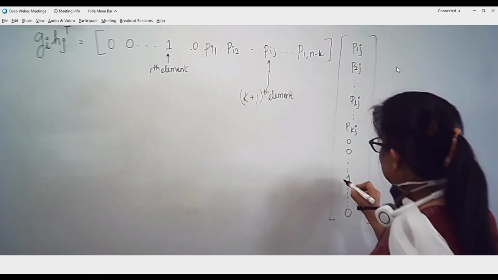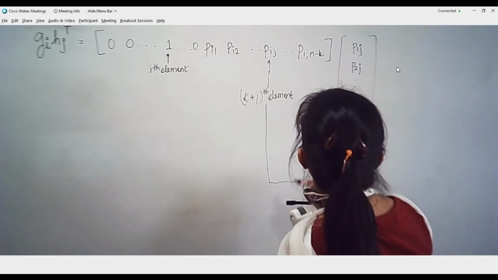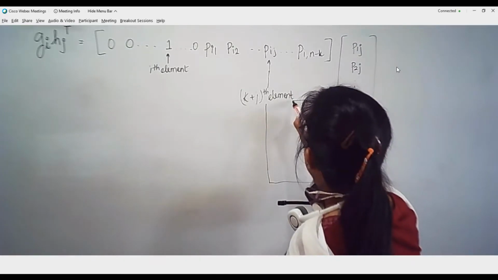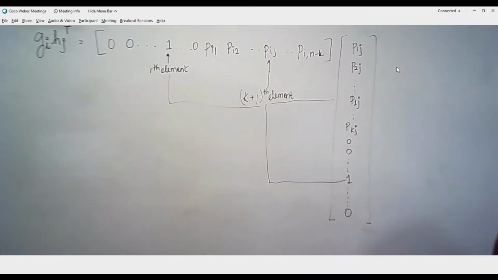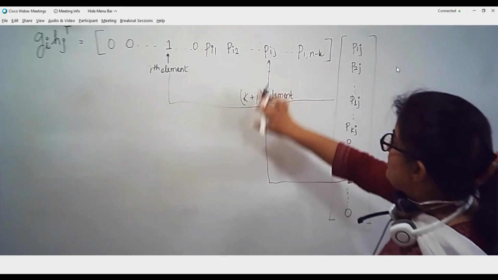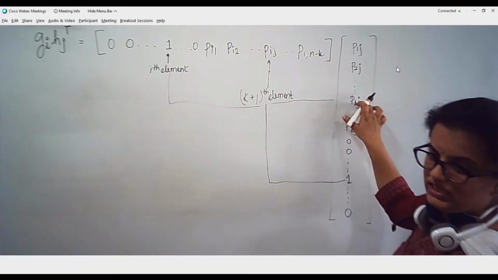This one corresponds to the position k plus jth element. This P ij corresponds to the ith element. So this is the k plus jth element, and this one would be the ith element in the H.